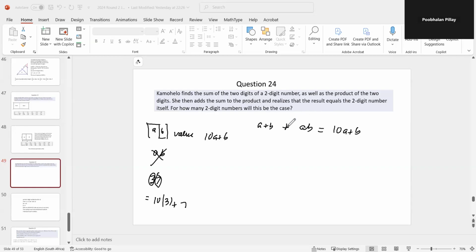How many pairs A, B satisfy the above equation?